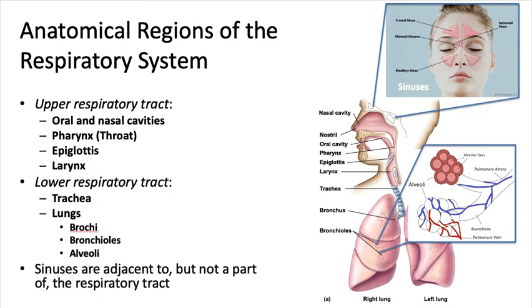All right. So here we have regions of the respiratory tract, and I'll point out the places that are most commonly sites of infection. So if you have an upper respiratory tract infection, that means your nose or your oral cavity is inflamed or the back of your throat. The larynx is also part of the upper respiratory tract.